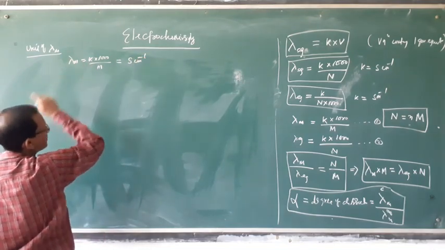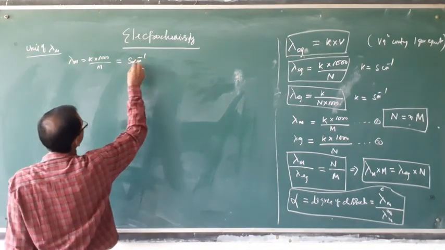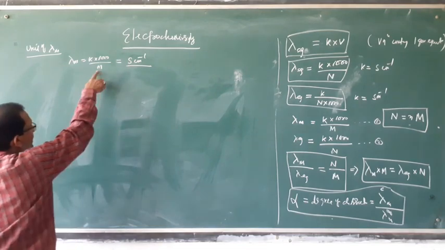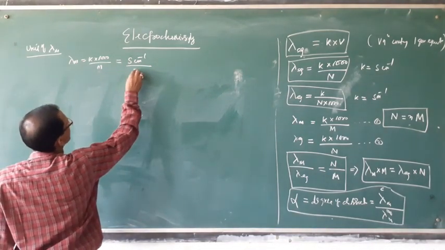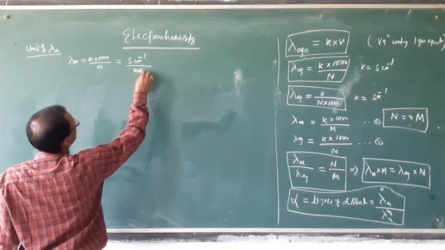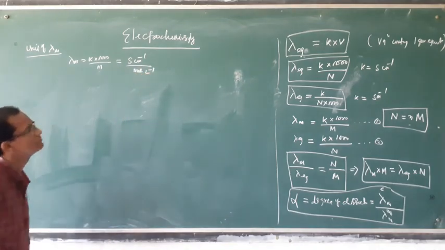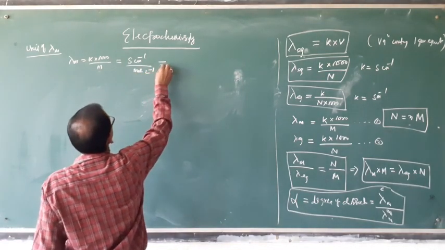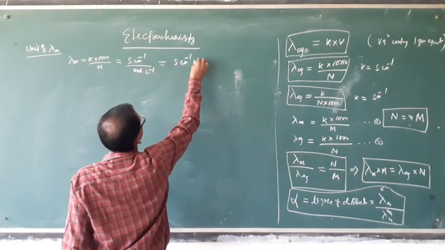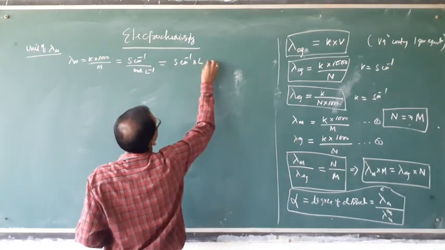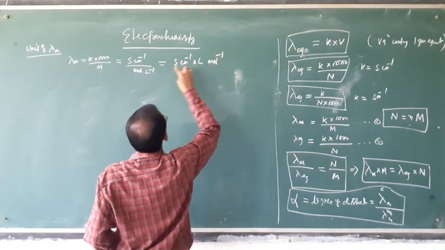In this formula, kappa is centimeter inverse. Then m means molarity. Molarity means number of moles per liter. So it will be how much? Ohm inverse centimeter inverse into liter, then mole inverse.